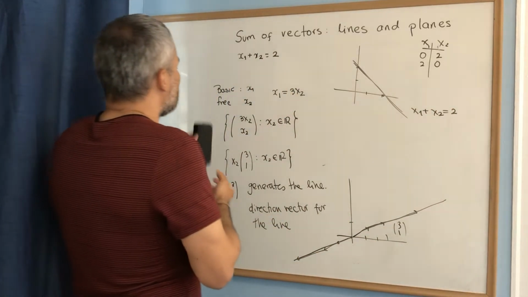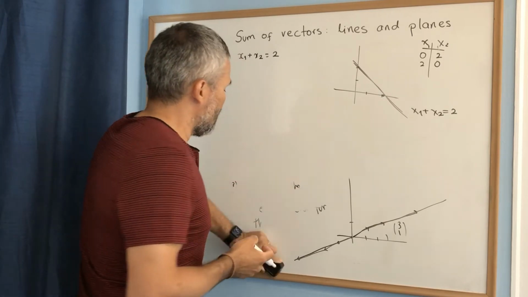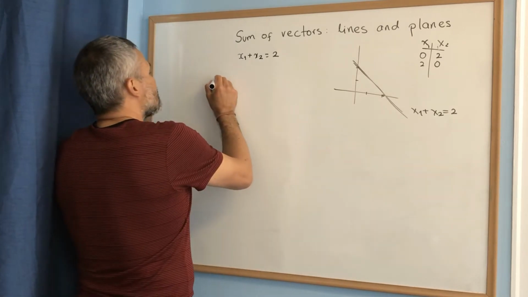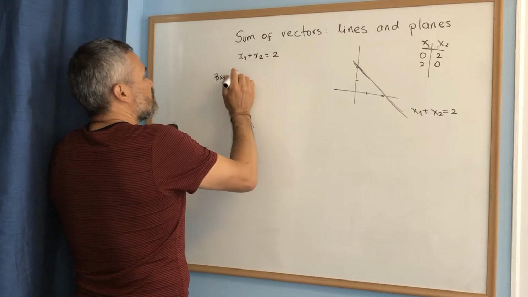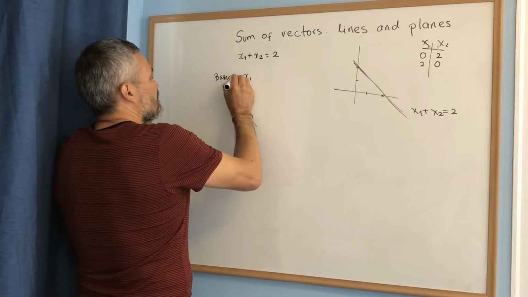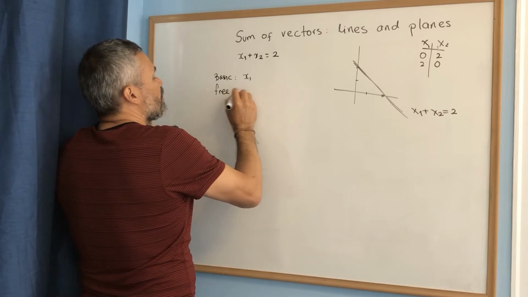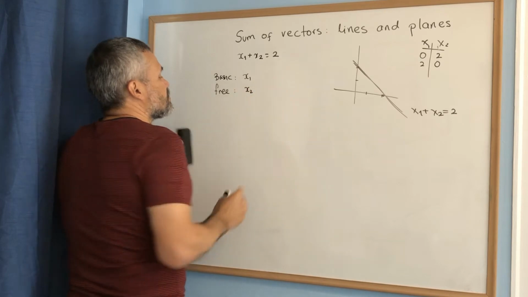Now let's write the solution set. To write the solution set, we decide what are the basic variables. In this case, the basic variable would be the first variable that shows up in the equation. Here it is x1. Again, the free variable would be the other one, which is x2.